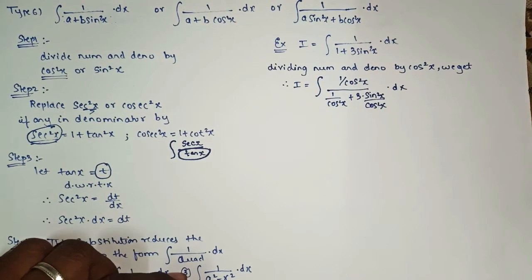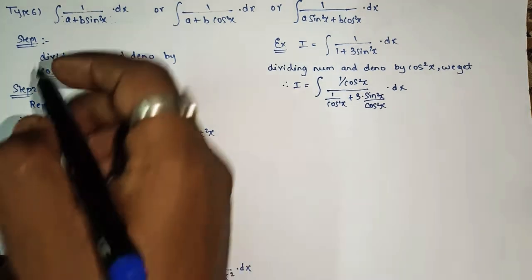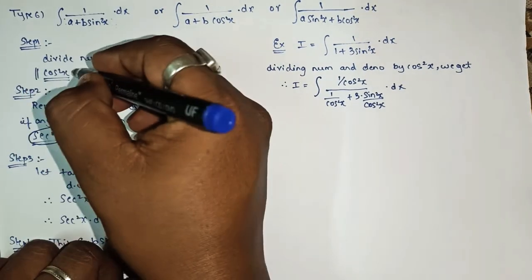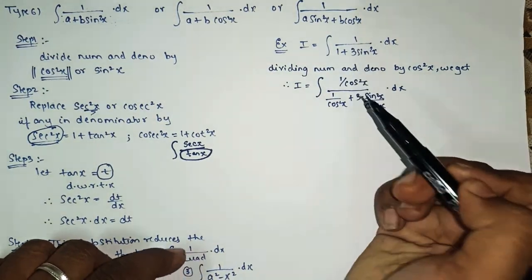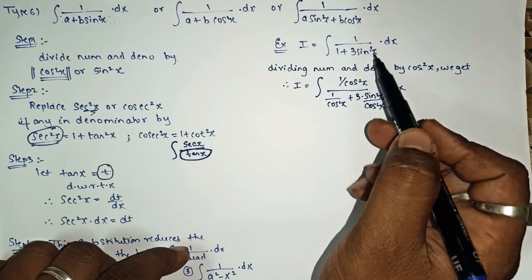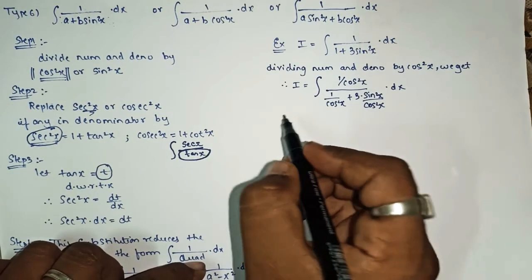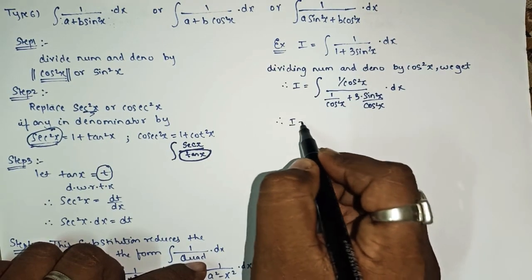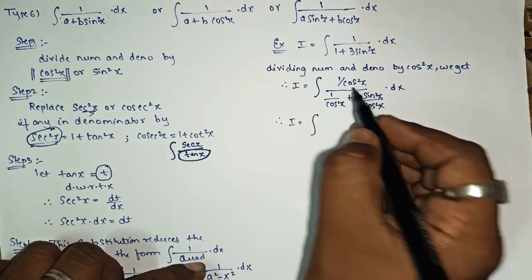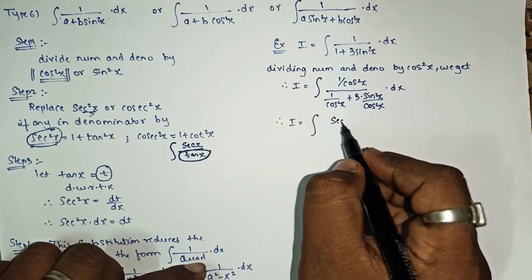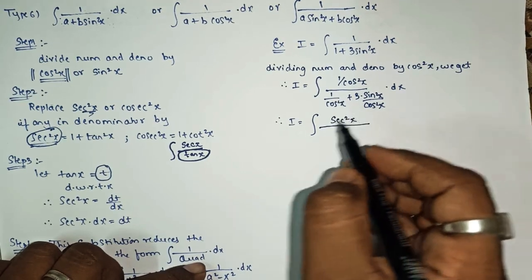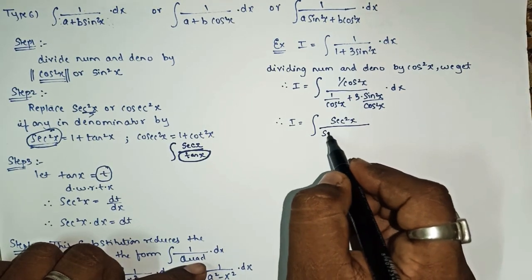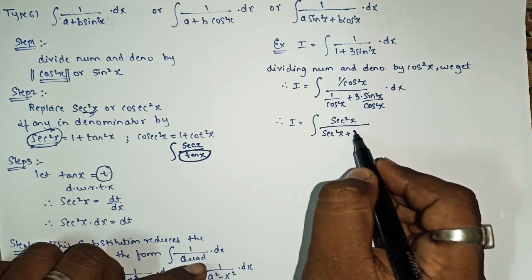Okay, so step number 1 is what? You have to divide the numerator and denominator by cos square or sine square, but we'll stick with cos square only. Yes or no? So you're dividing each term of the numerator and denominator by cos square. So in the next step, this 1 upon cos square will get converted into sec square by using the identity formula. 1 upon cos square will be sec square.